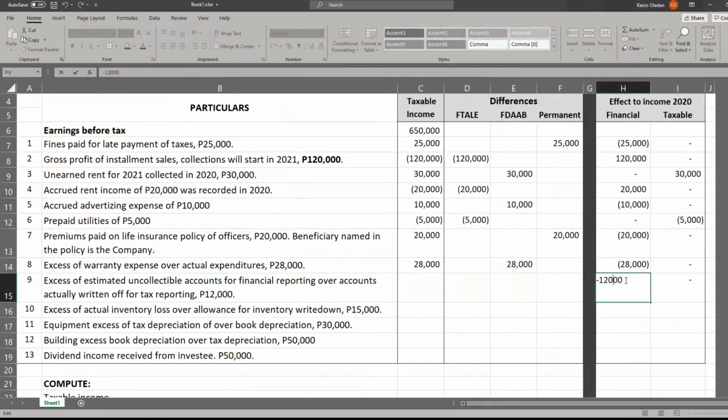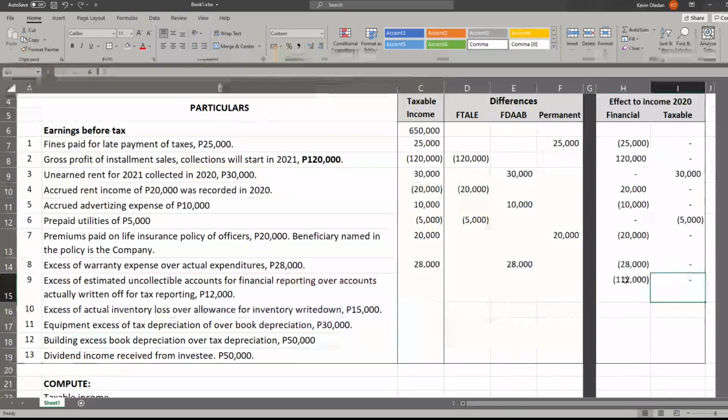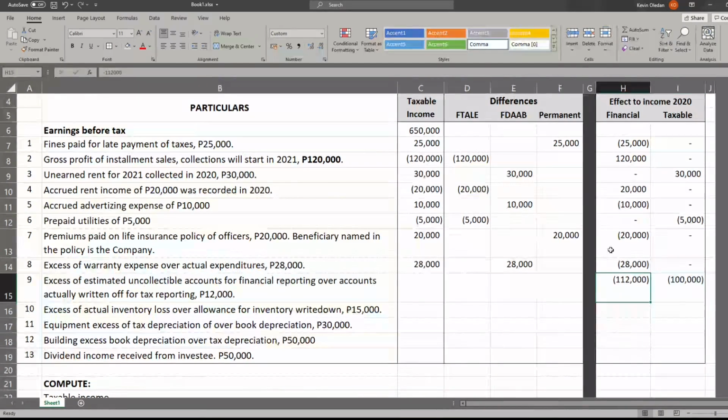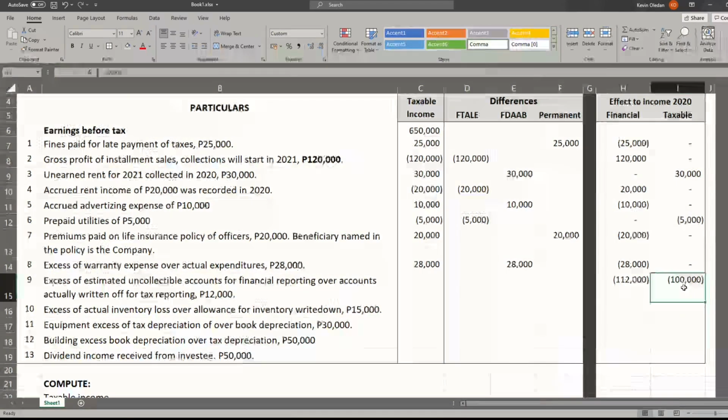If 112,000 ang na-recognize natin na allowance, ang actual write-off is only equal to 100,000. This illustration shows na meron tayo excess estimated uncollectible account na 12,000. Sobra ang na-deduct sa financial kesa sa actual na pwede i-recognize sa taxation.